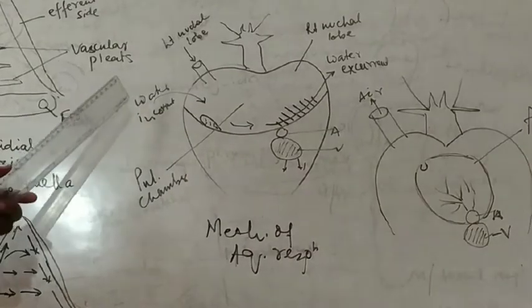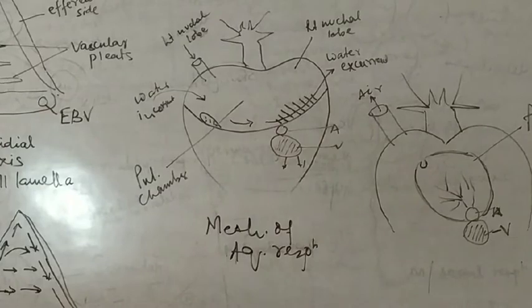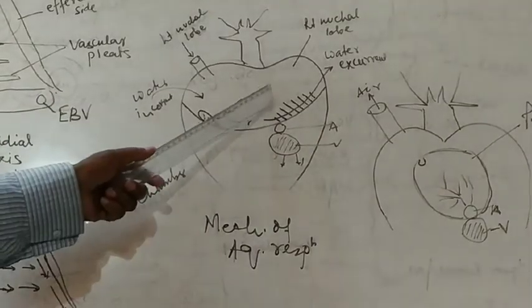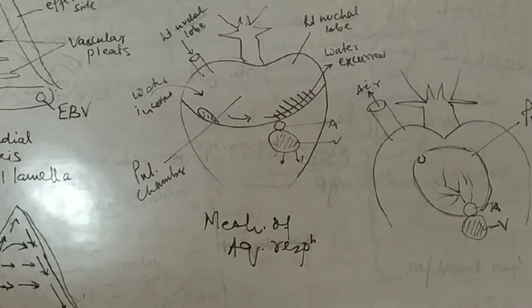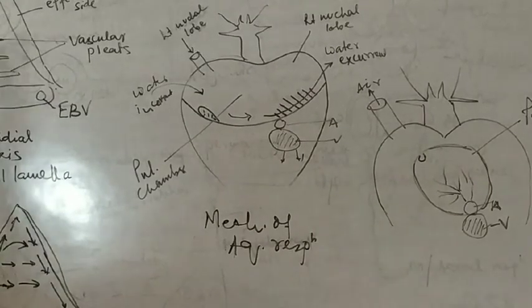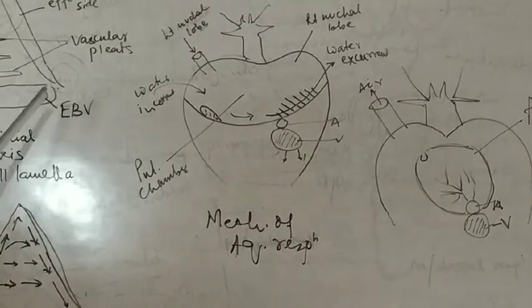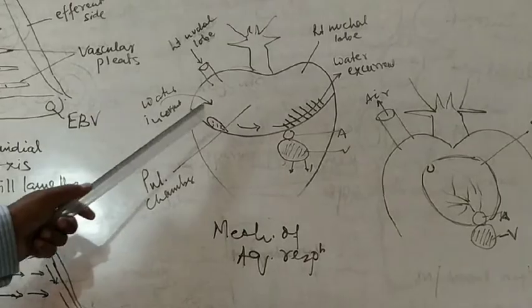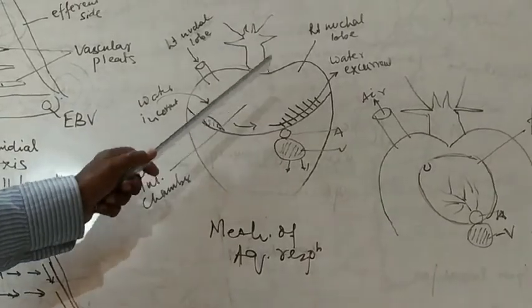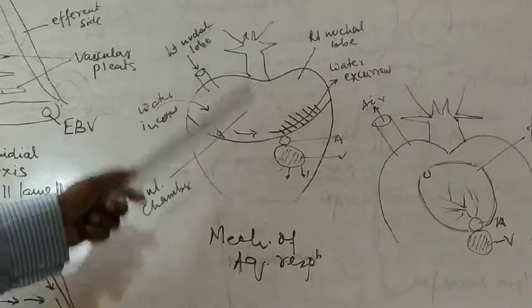So when the in-current water comes into the pulmonary chamber, the whole ctenidium is bathed with water. And the ctenidium, you see, has vascularized pleats, with both afferent and efferent branchial vessels. So when the ctenidium is fully bathed with water, exchange of gases takes place.